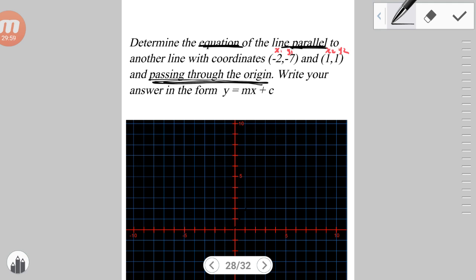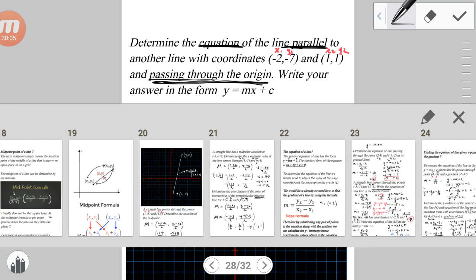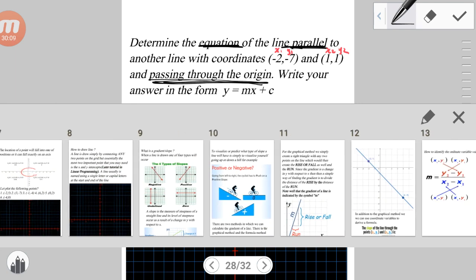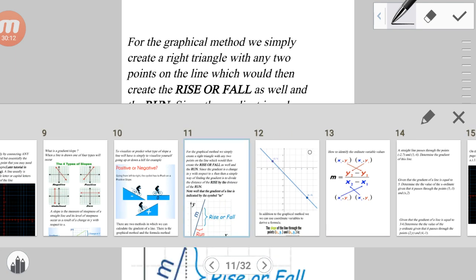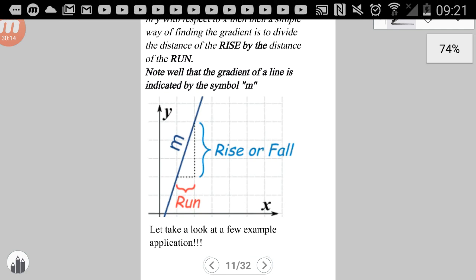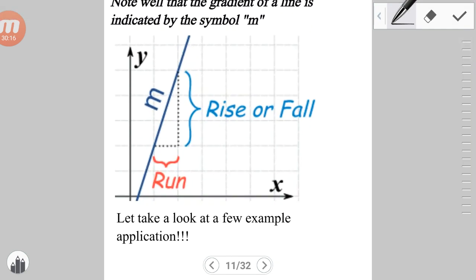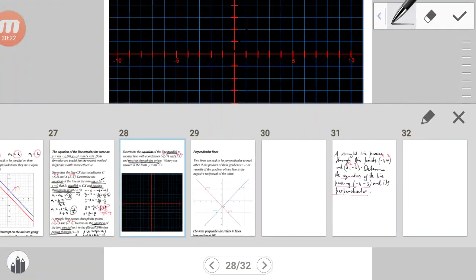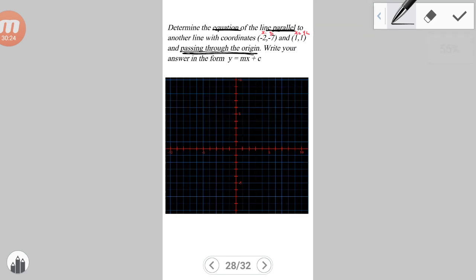Since we are going to go on graph, we're going back to something we learned earlier regarding rise over run. If you go back to part 1, we looked at how the gradient of a line is rise divided by run. Definitely take a look at that video, which is already out, so we can use the graphical method here to get to our solution.